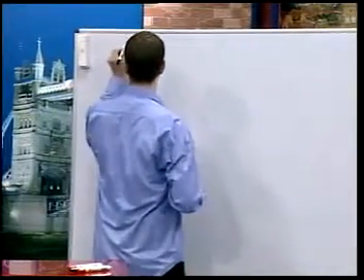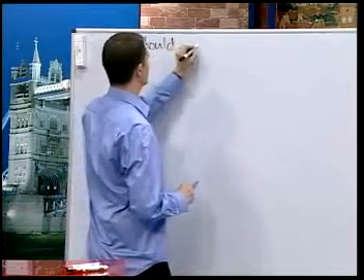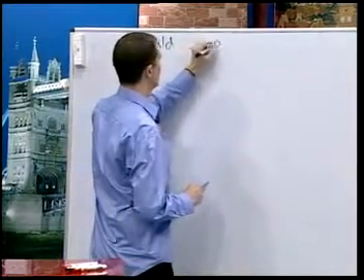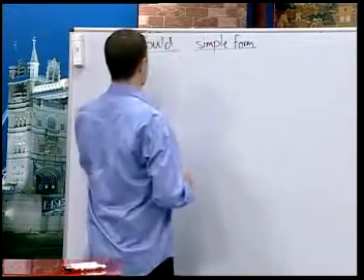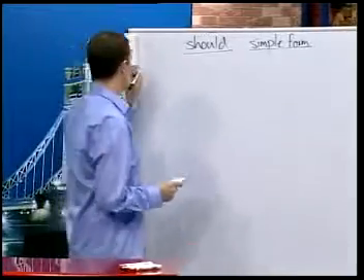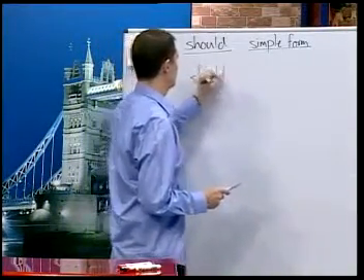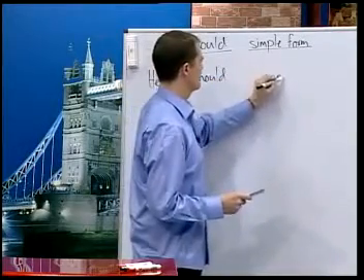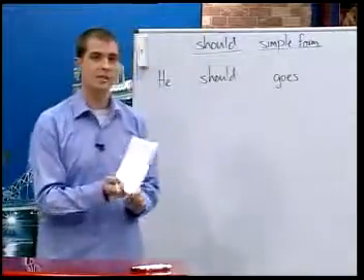We have should and simple form, just like can. Okay, so if we say he should goes, this is incorrect because it's not the simple form.